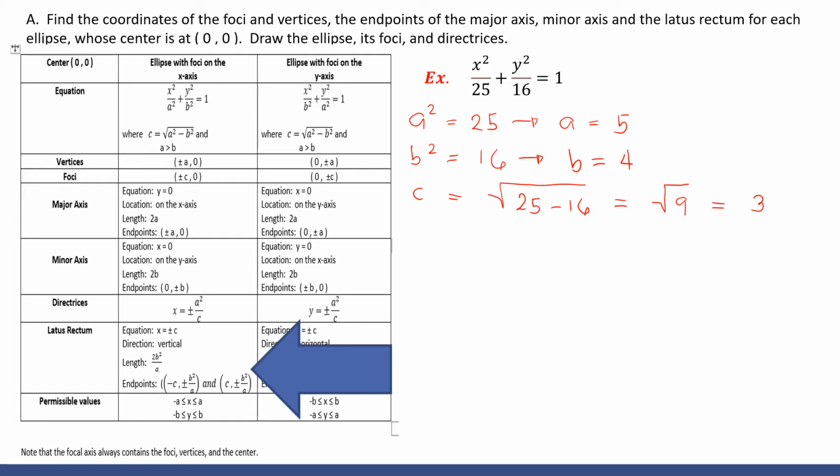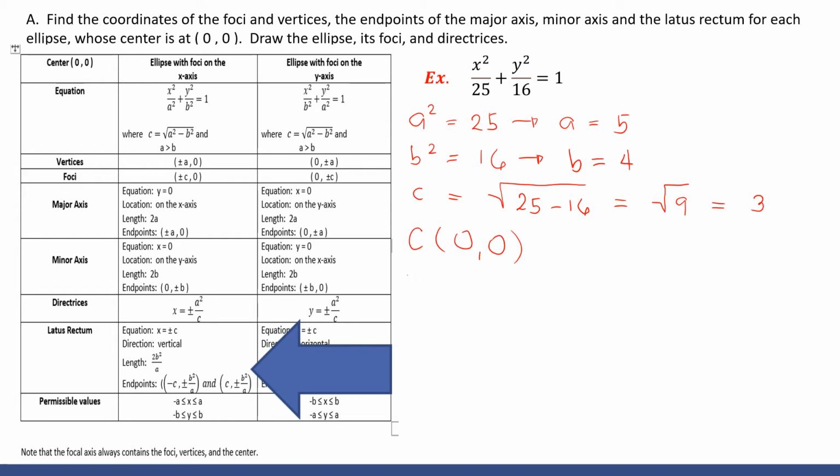At dahil meron na tayong values ng a, b, and c, pwede na natin kunin yung iba't ibang characteristics nitong ating ellipse. Well, sabi natin, ang center natin is at (0, 0). Given na yon. Isulat natin, center, (0, 0).